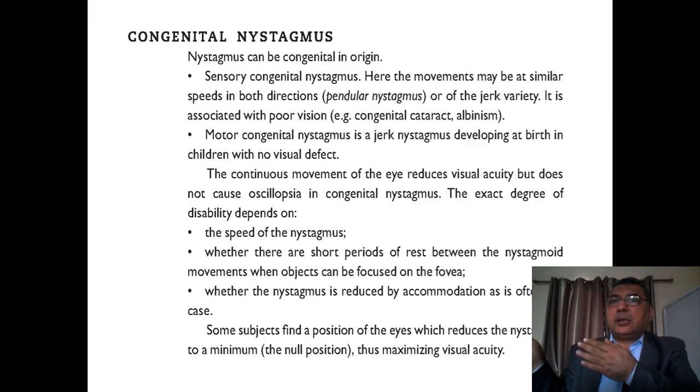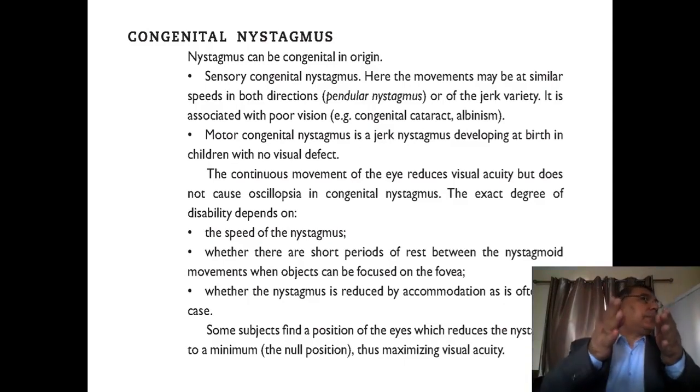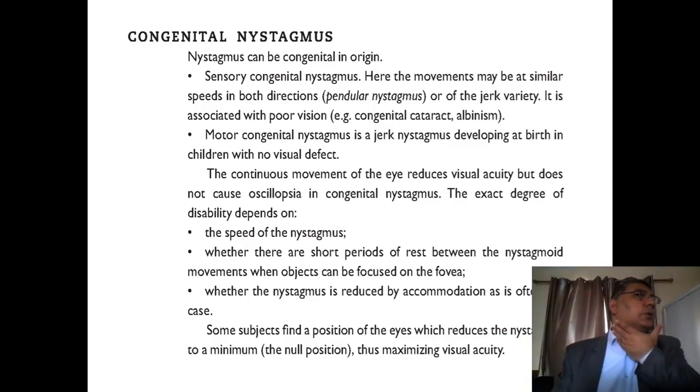So this patient will, to have his life activities, have a left face turn to bring this point, which is called the null point of nystagmus, to the primary position. So this patient will have this left face turn all the time.